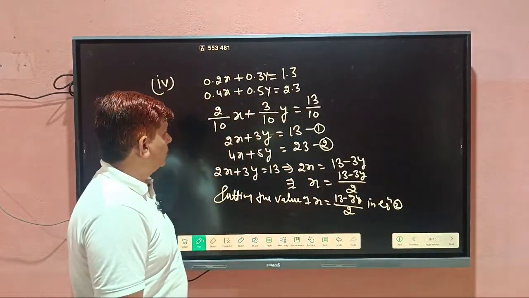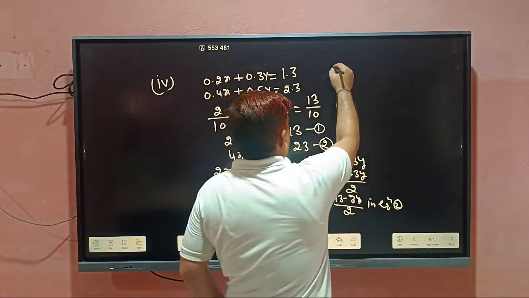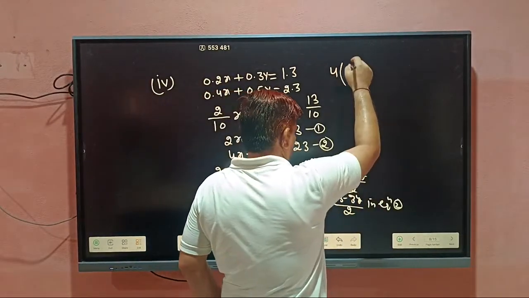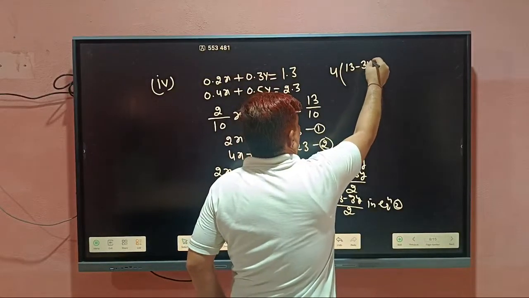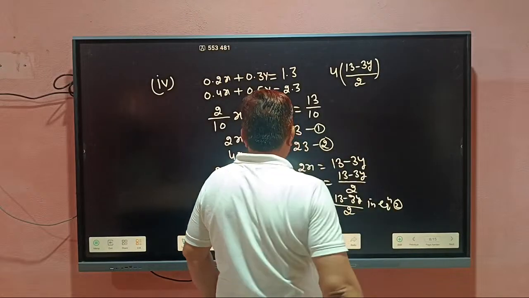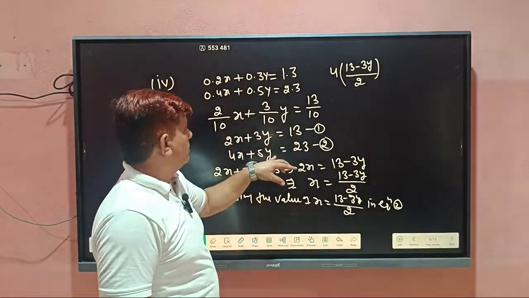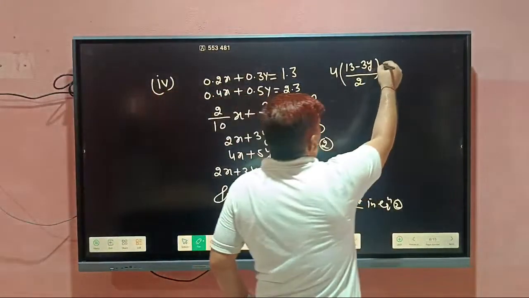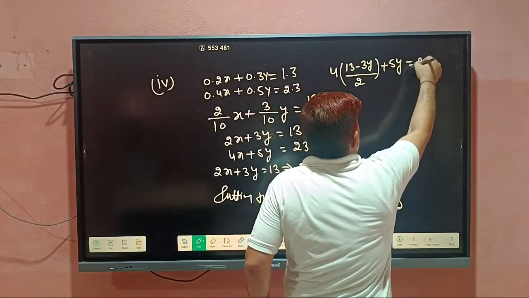So put here in equation 2: 4 into 13 minus 3y by 2, plus 5y equal to 23.